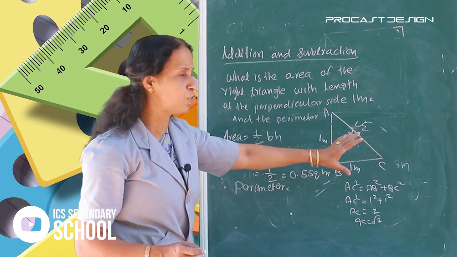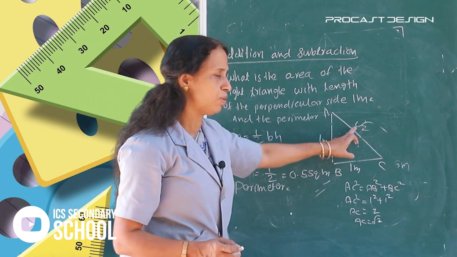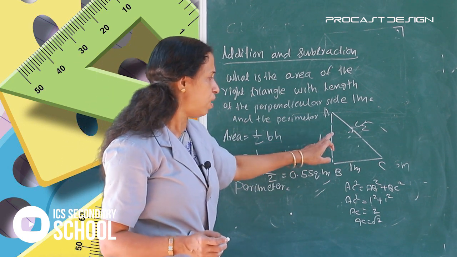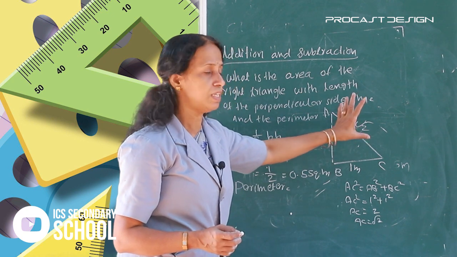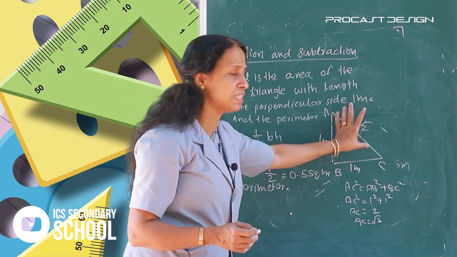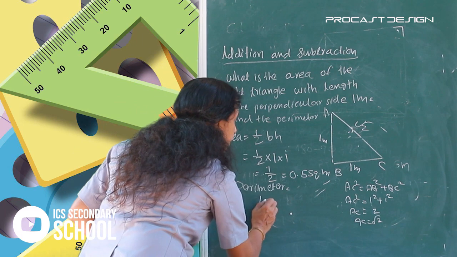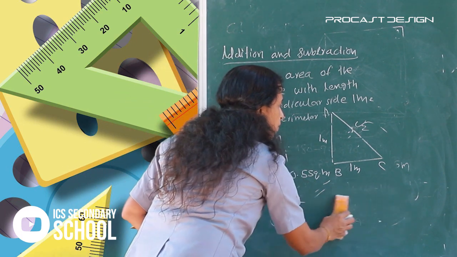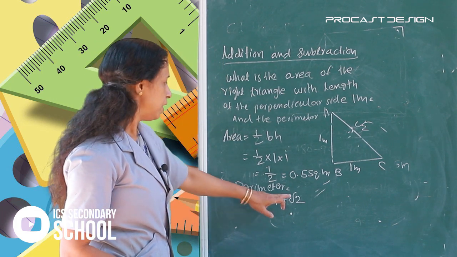Next, find the perimeter of this right triangle. The perimeter is AB plus BC plus AC, which is 1 plus 1 plus root 2.